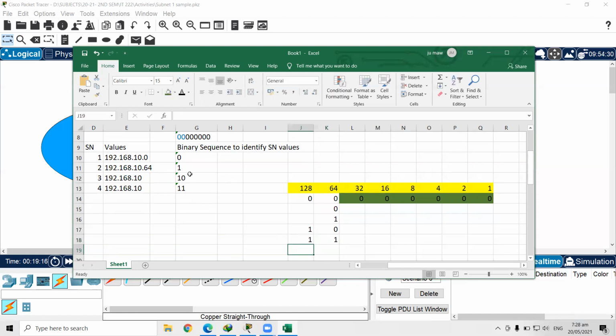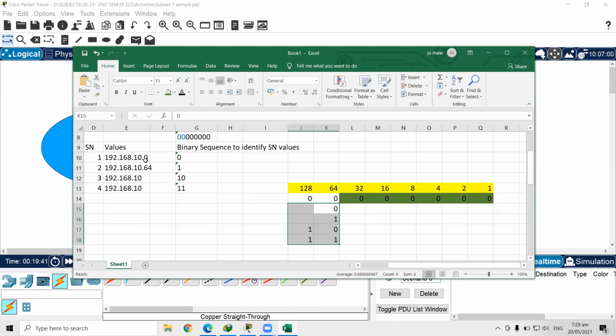Yung last value niya is 1, 1 talaga. Pag i-1 mo lahat yan yung last value. Sa 2 bits, yung last value ng 2 bits is 1 lahat. Yung 4 bits naman, last value niya, i-1 mo siya lahat. So ito na yung binary sequence niya.